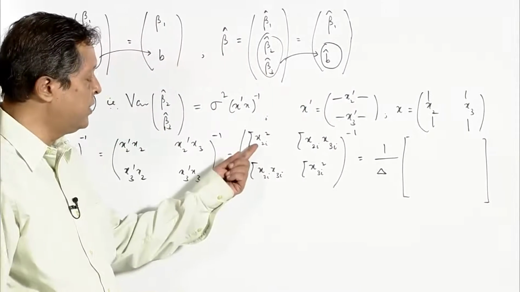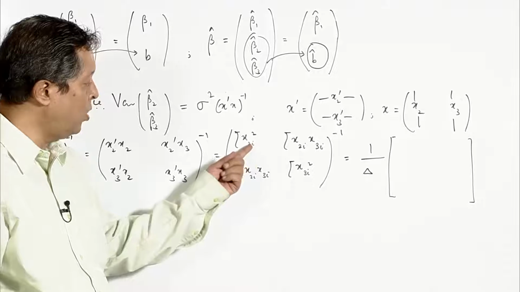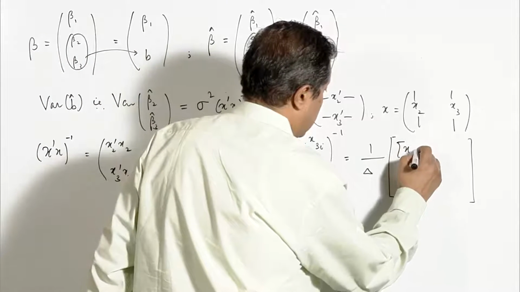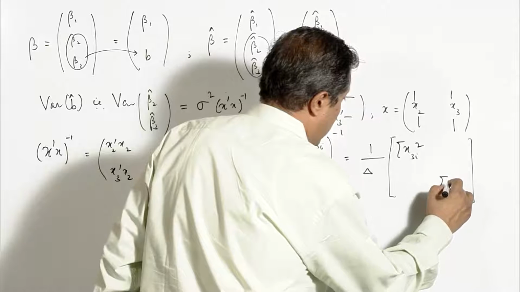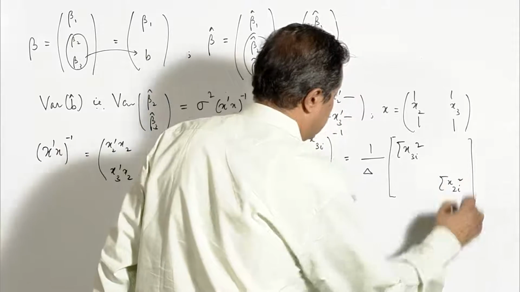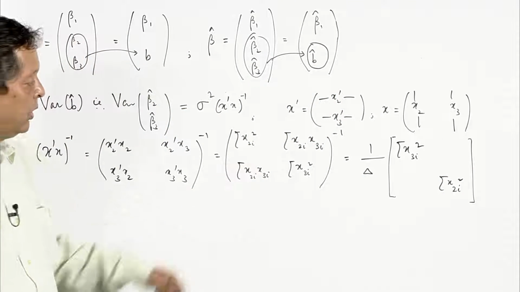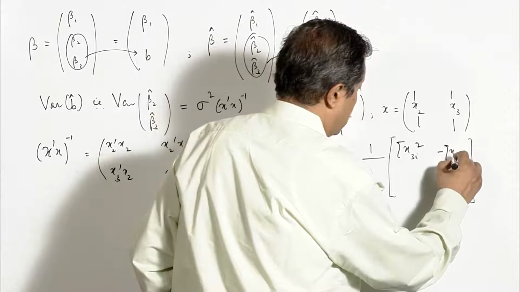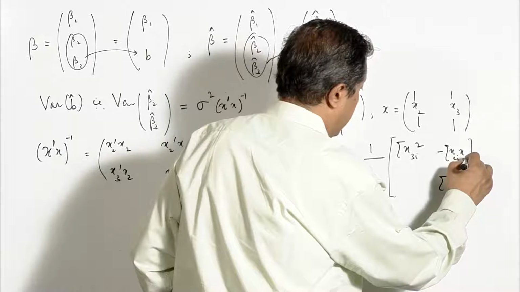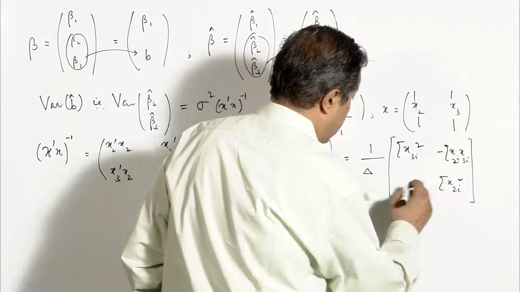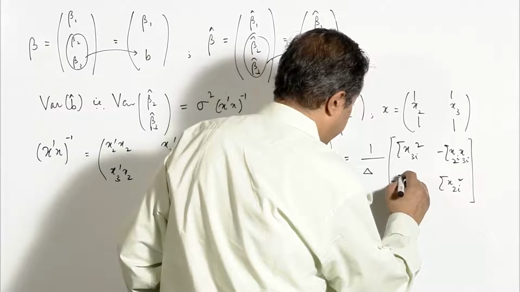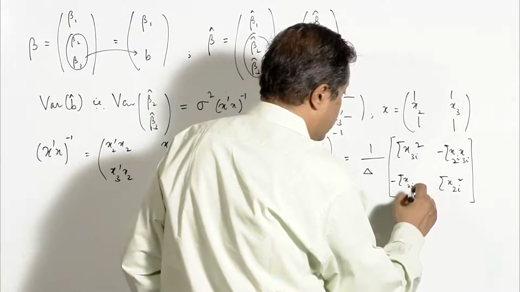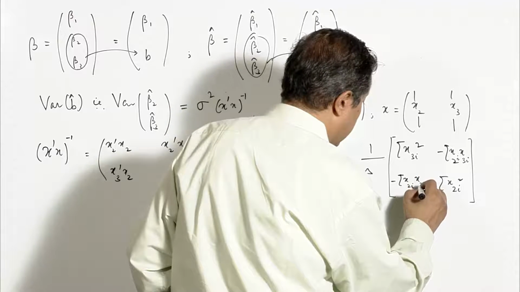The remaining matrix has summation x3i square on the top left and summation x2i square on the bottom right, and minus summation x2i x3i on the northeast and southwest corners.